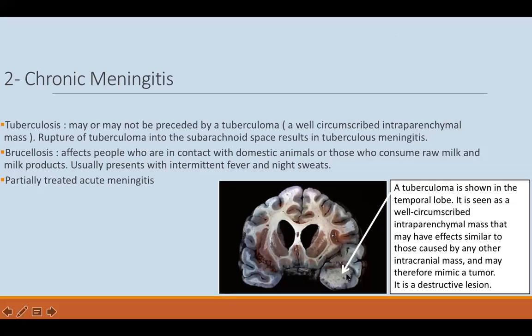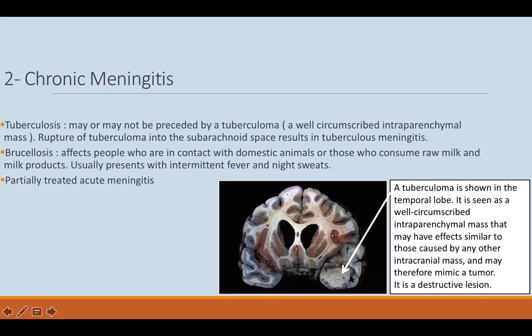It may or may not be preceded by something called a tuberculoma, which is this one in the picture with the arrow. A tuberculoma is basically a well-circumscribed intraparenchymal mass. Sometimes it ruptures into the subarachnoid space, leading to tuberculous meningitis. So tuberculous meningitis may be preceded by a tuberculoma or sometimes occur on its own.